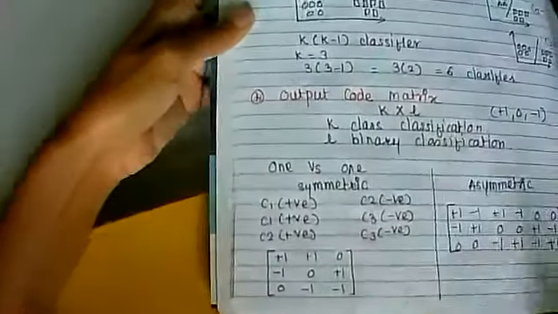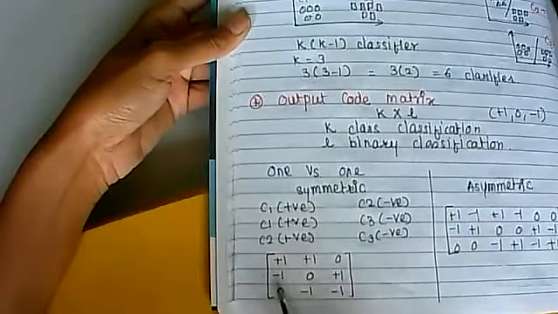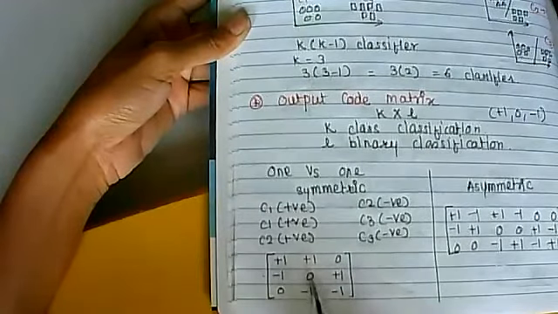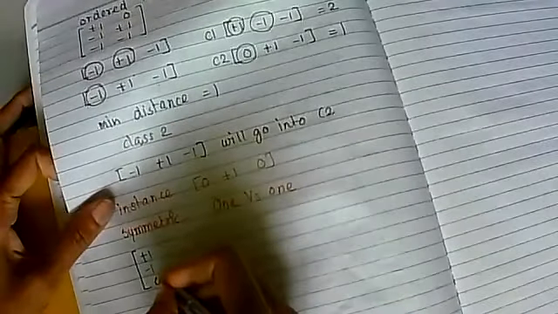See this matrix. This is for symmetric. +1, -1, 0, +1, 0, -1, 0, +1, -1. Okay, so how can we write the matrix? +1, -1, 0.